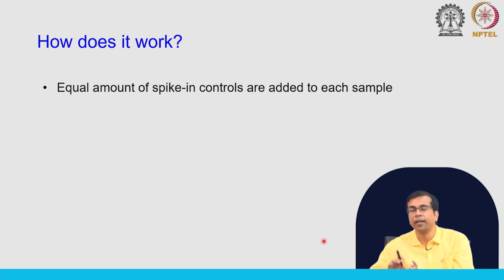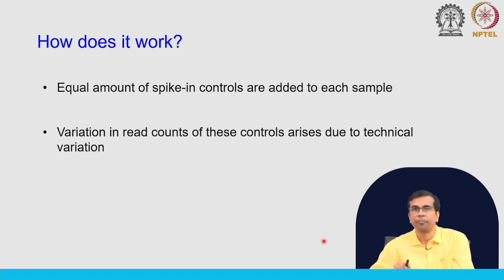After we have purified the RNA, we add this and then do the same steps for library preparation, sequencing, etc. So, any variation that we see in the read counts will arise purely due to technical variation. It will purely come from the experimental steps that we are following.